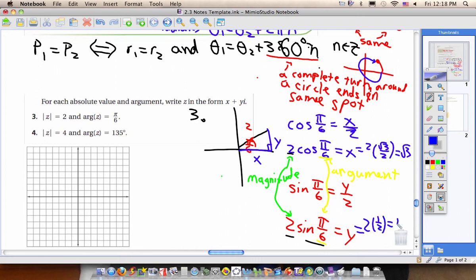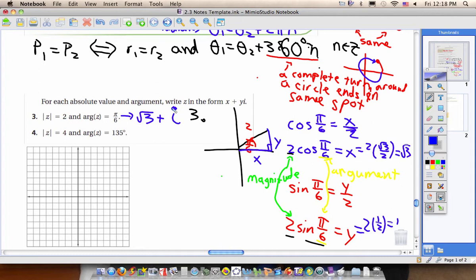Not 1. 1/2. 2 times a half is 1. So in rectangular form, we would have square root of 3 plus i.